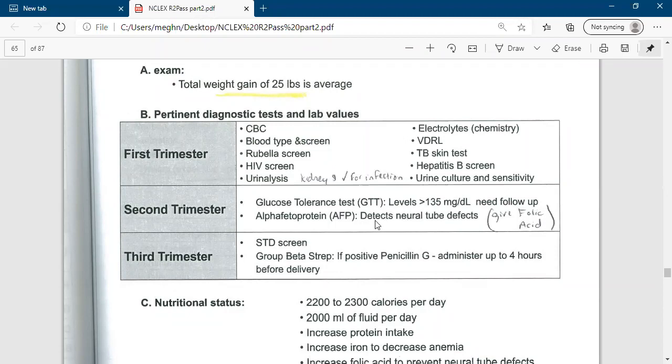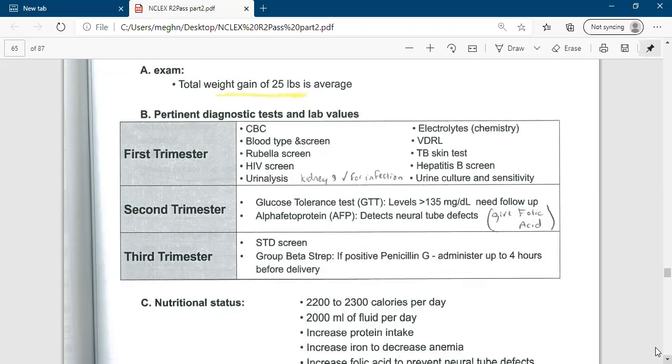In the last trimester, we have to screen for STDs, sexually transmitted diseases, or any bacterial infection, especially group B streptococcus. If it is positive, we should give them penicillin G.